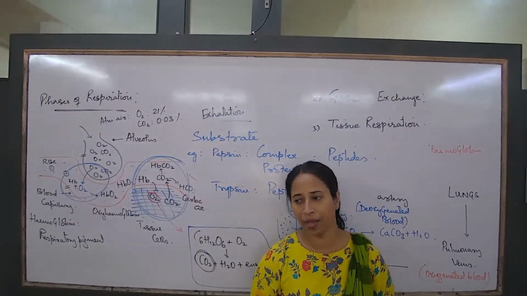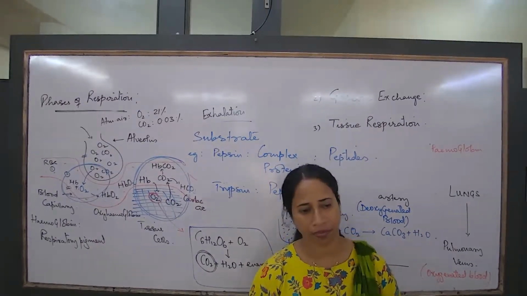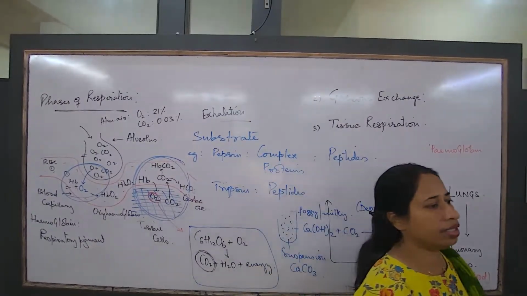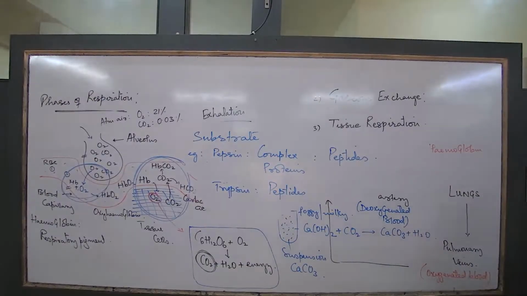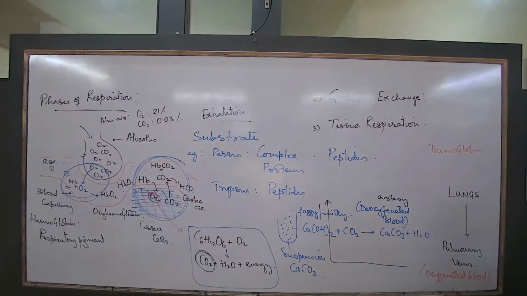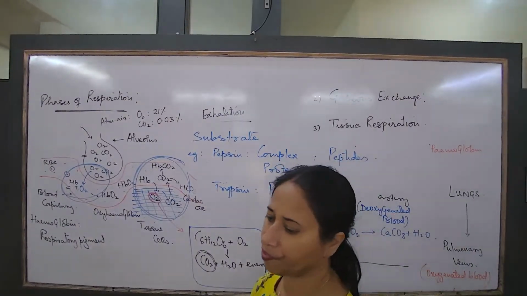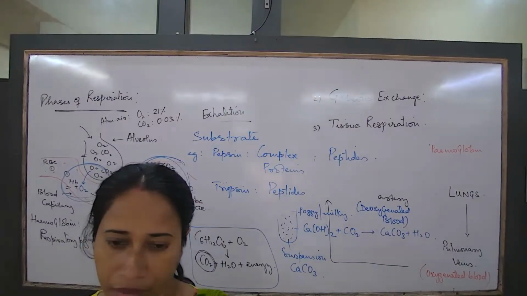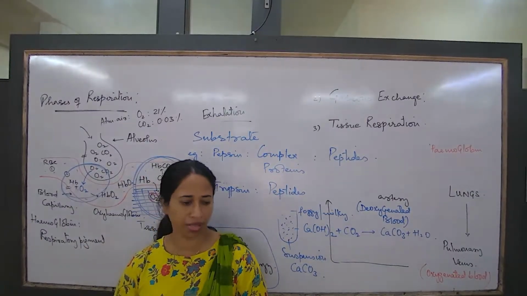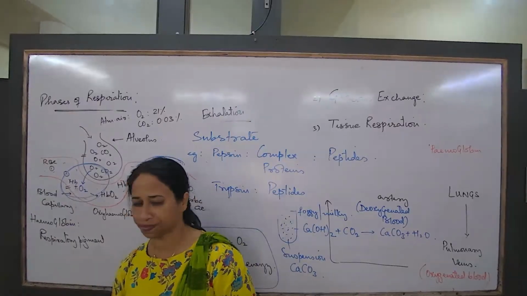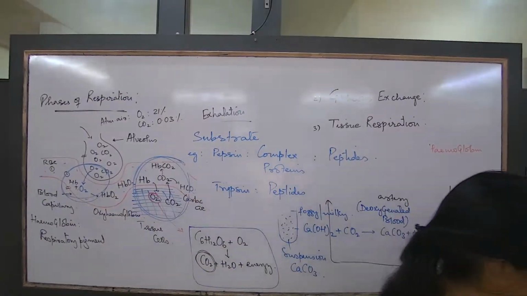Draw a neat, well-labeled diagram of human digestive system. दूसरे पेज में लिखो, draw a neat, well-labeled diagram of human respiratory system. Okay?